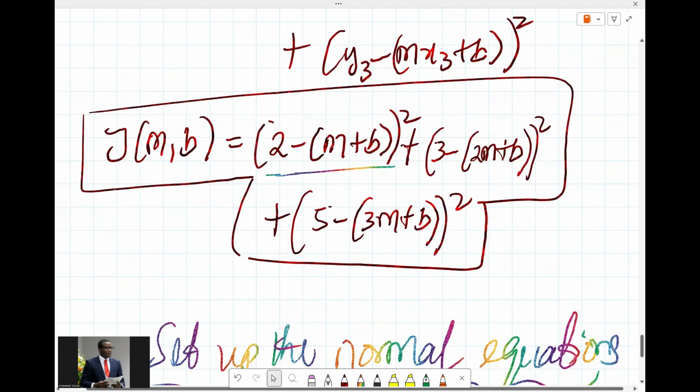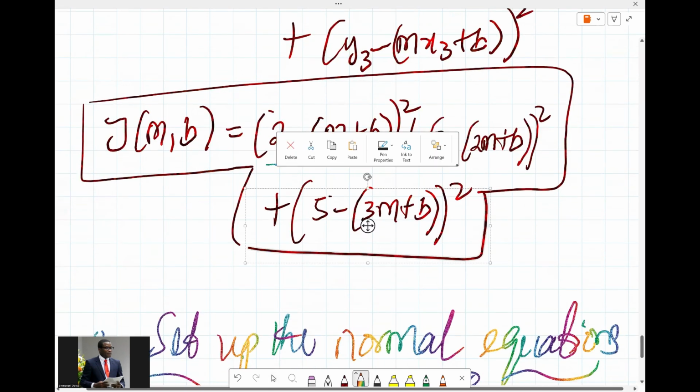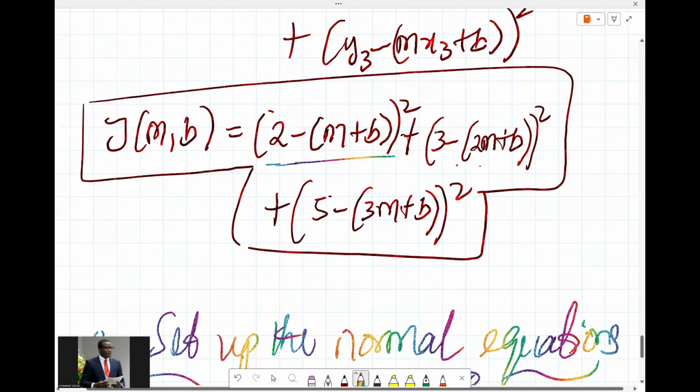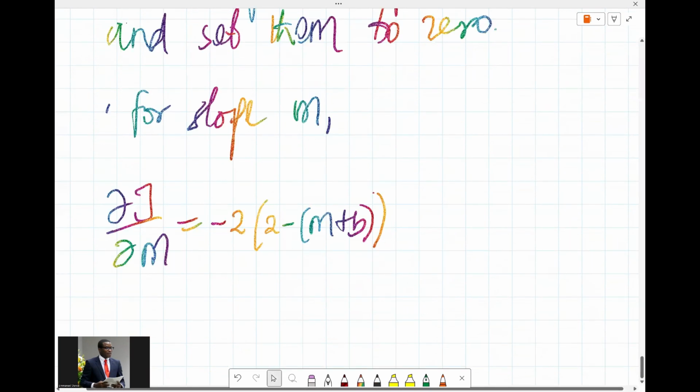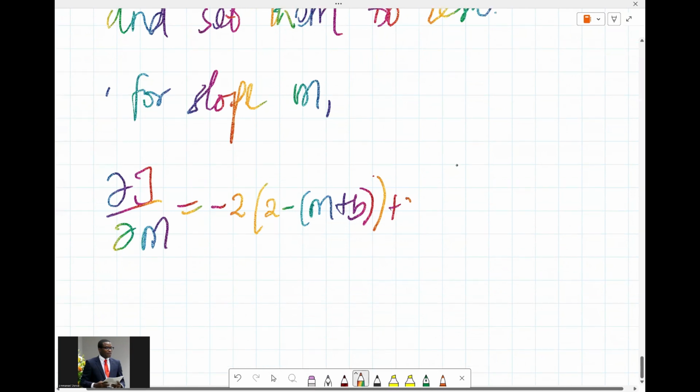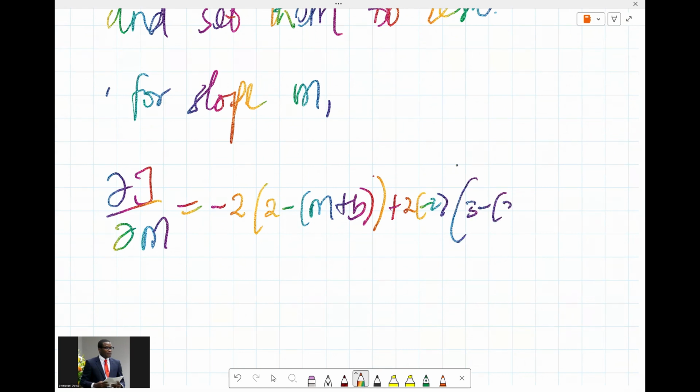So the next thing is we are differentiating with respect to m here. Again, we bring down power 2. Now m has a coefficient in this case, so for the second part we have 2 times minus 2 into 3 minus (2m plus b), and the power is reduced by 1 again.